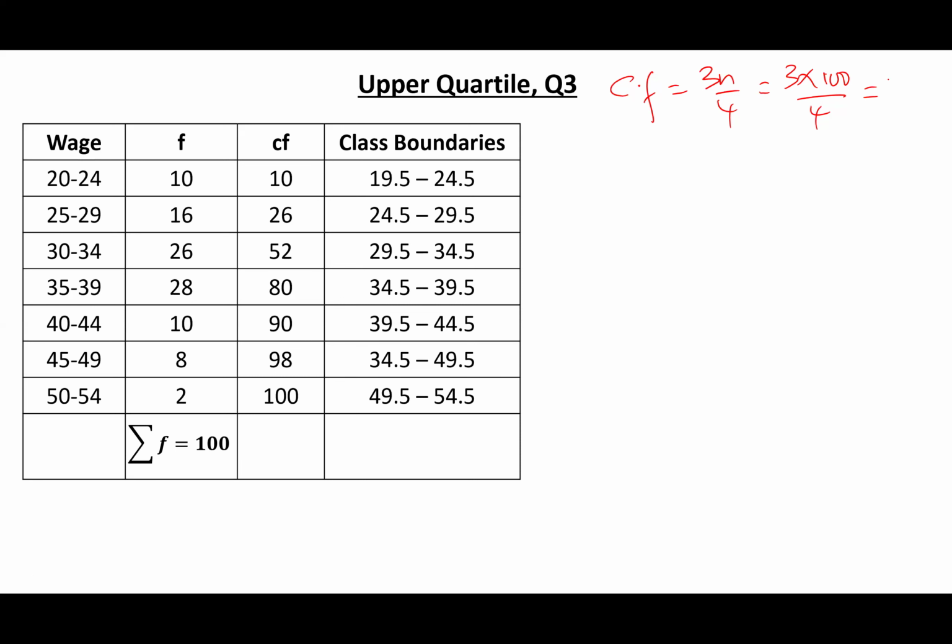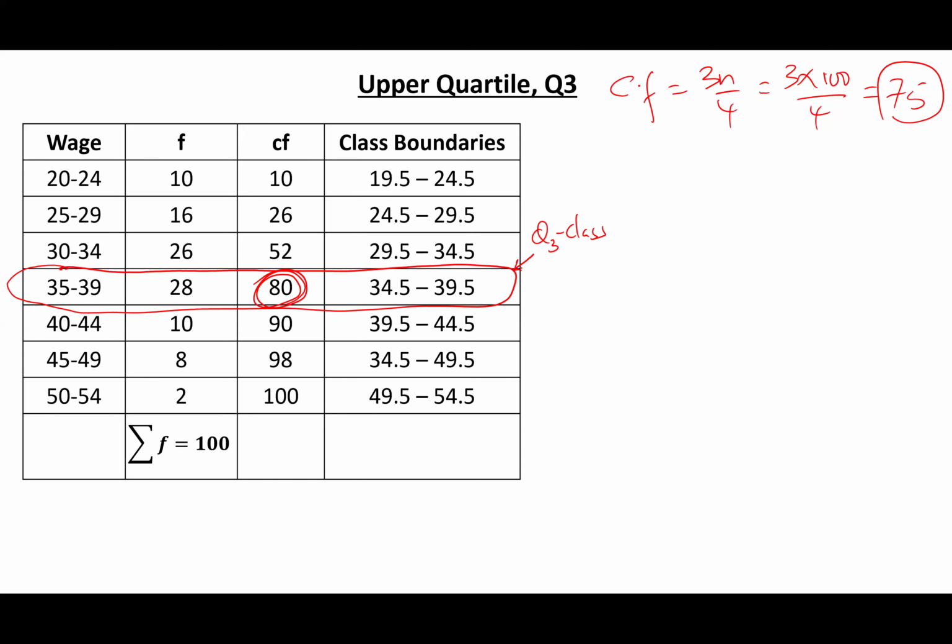So we look for the cumulative frequency that is greater than, but closest to 75. Outrightly, that should be 80. 80 is the one that is greater and immediately close to 75. So this becomes our Q3 class, our upper quartile class.